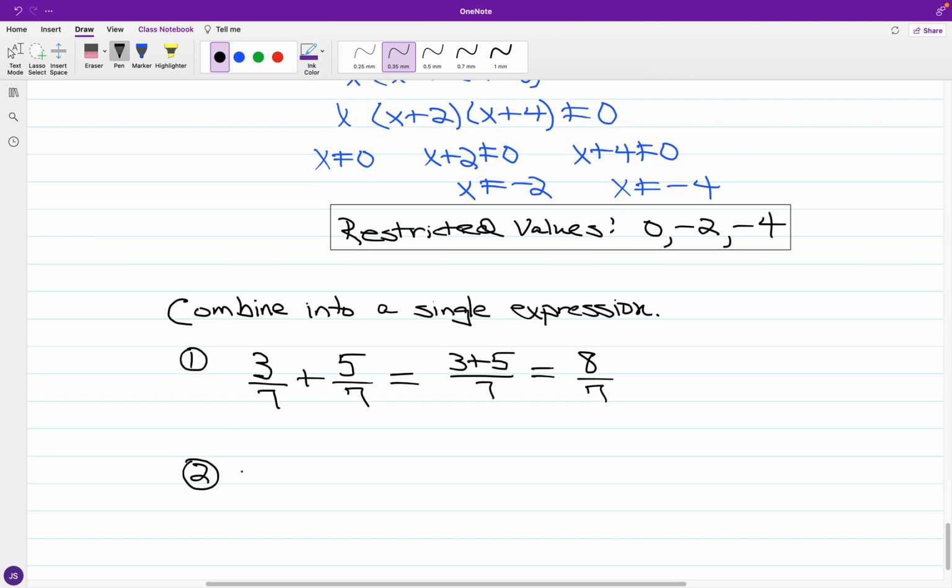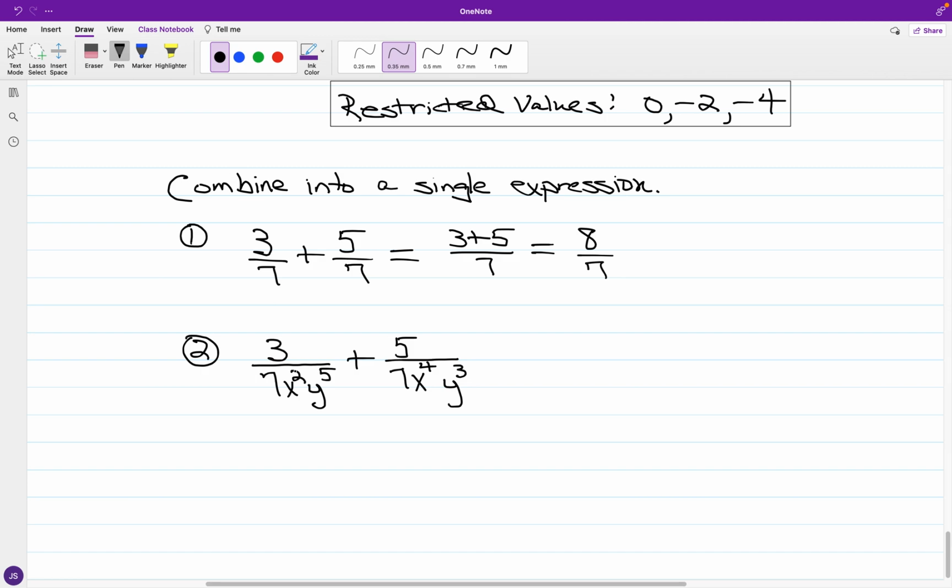If I change things up a little bit, and we'll say that we have, if you notice before we had the same denominator with just 7, but now by adding x and y of different degrees, so we have, for the first ratio, 3 over 7x squared y to the 5th, and I have plus 5 over 7x to the 4th y to the 3rd.